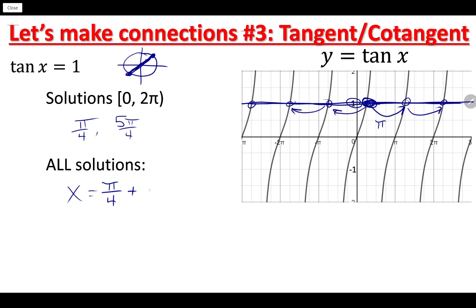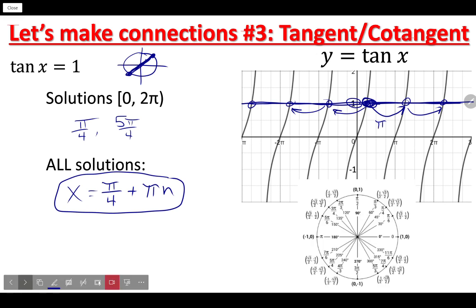Because the period of a tangent function is pi, we can condense all solutions into this one statement, pi over 4 plus pi n. And that is because our tangent solutions always come on opposite sides of the circle from each other. Pi over 4 is here, 5 pi over 4 is here. They're always going to be exactly opposite the circle from each other, which is pi away.